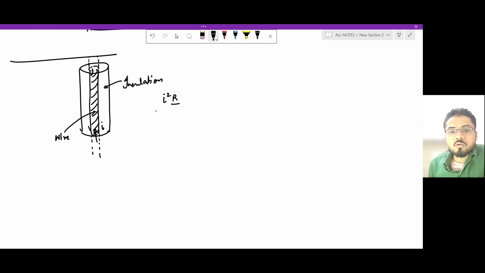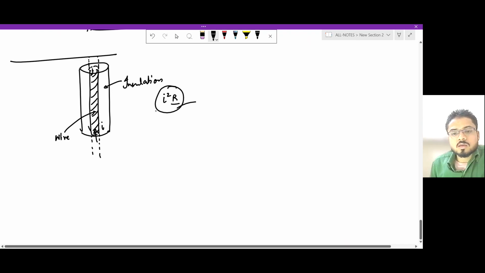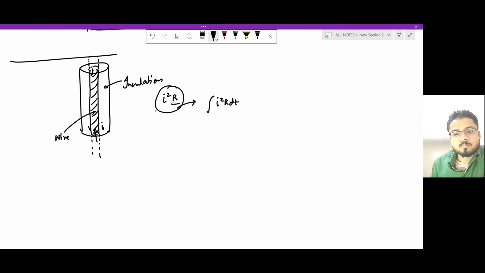Now this I squared R is the rate of heat produced. So integrate this with respect to time and this would give you the total heat loss.